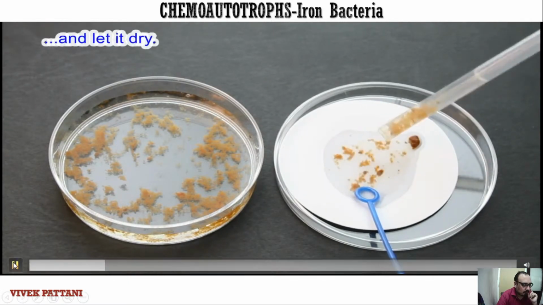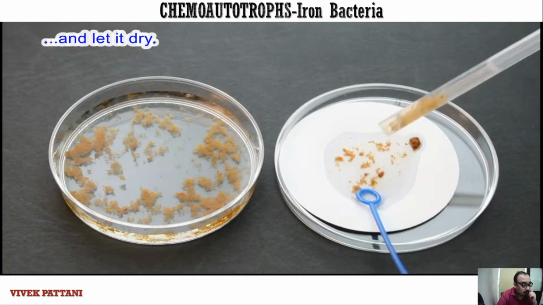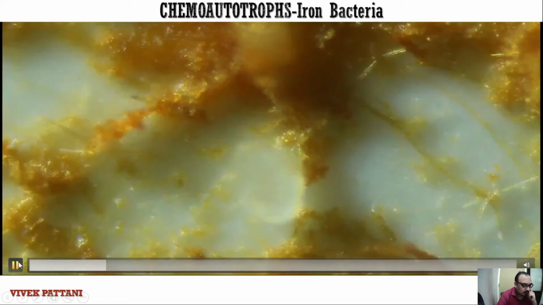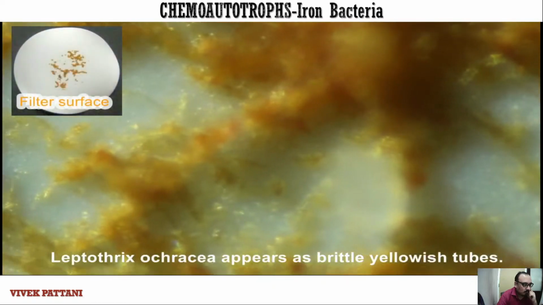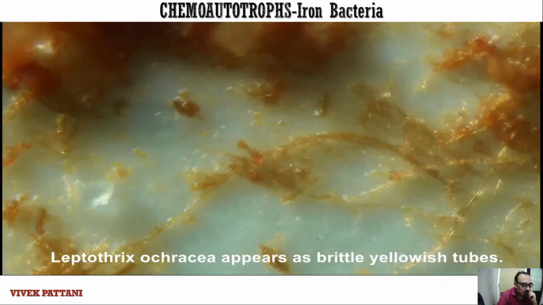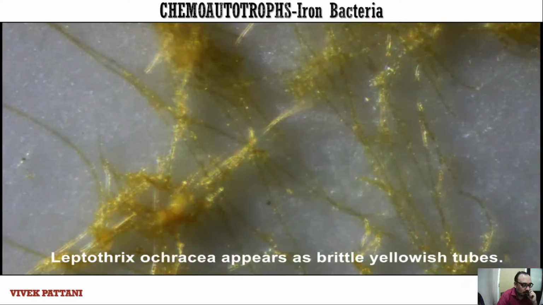If you remember, this membrane is used for the filtration of bacteria; these are special filters. Here, Leptothrix ochracea appears as brittle yellowish tubes.